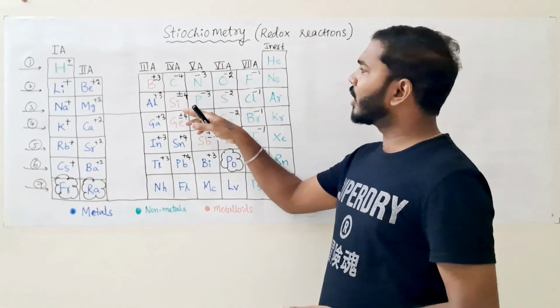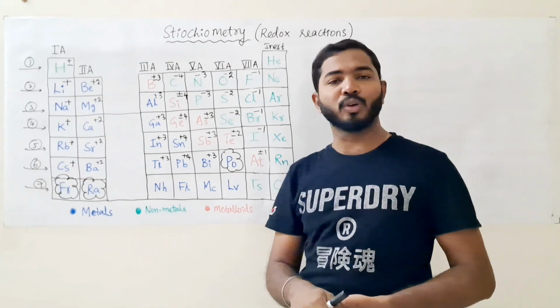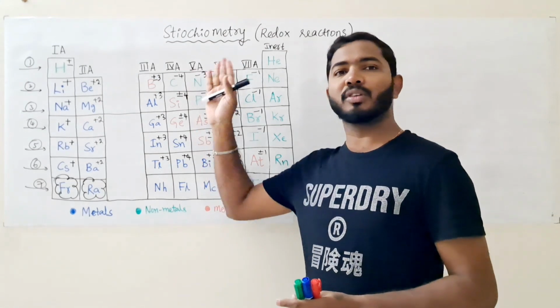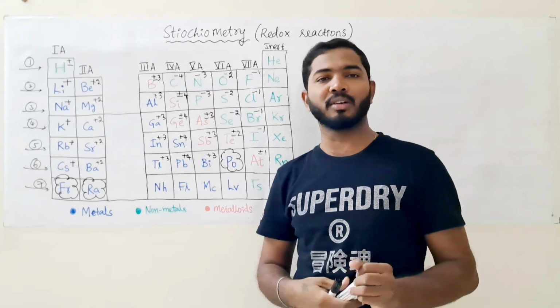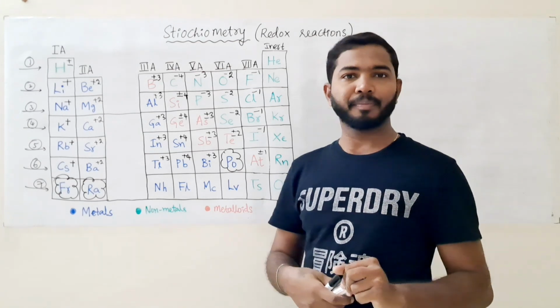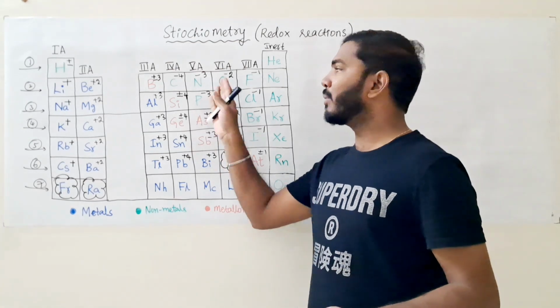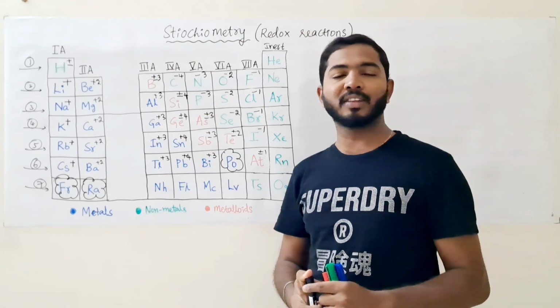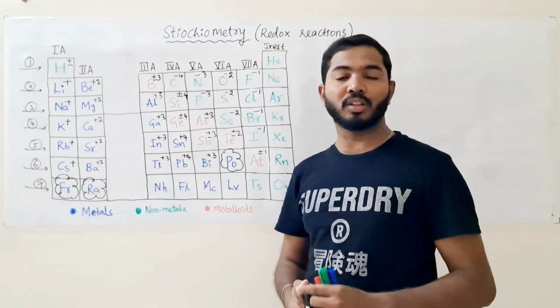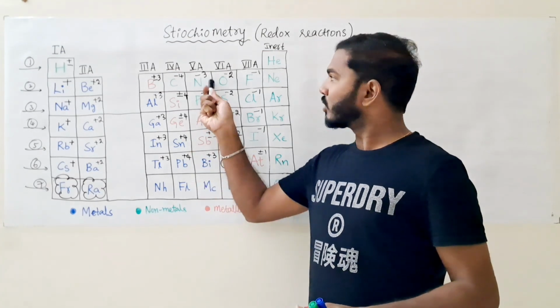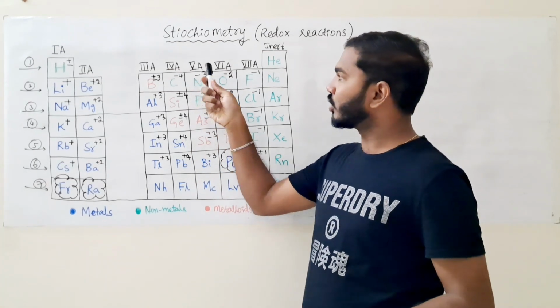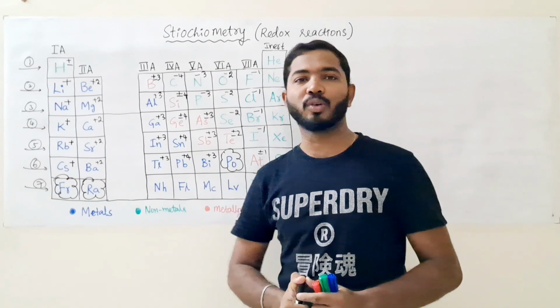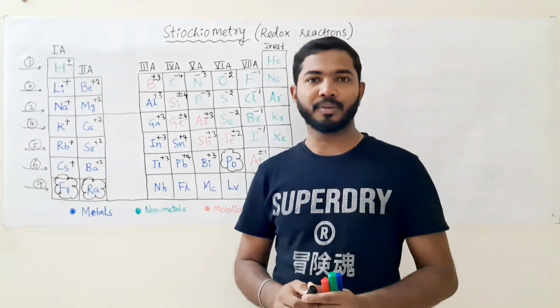Similarly, when it comes to nitrogen, in general cases we take nitrogen's oxidation number as -3. I hope you know why -3: because it is present in group 5A, so it will have 5 valence electrons, so it requires 3 more valence electrons. If nitrogen can get those 3 electrons, then it is going to get a -3 charge.